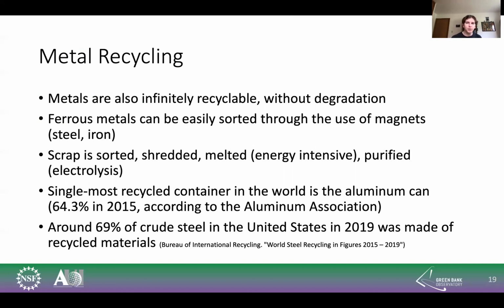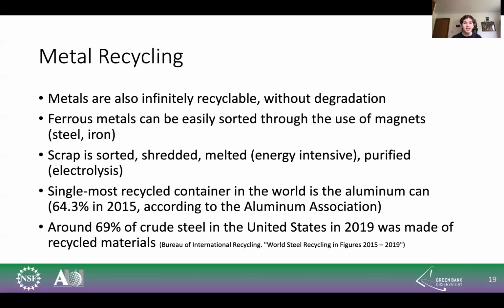Once they've been bulk sorted, the metal scrap is then shredded and melted, which is admittedly an energy intensive process, and then through steps like electrolysis, purified and cleaned before finally being cooled into materials that can then be shipped out. It was recently found that the most recycled container in the world is actually the aluminum can at about 64%.